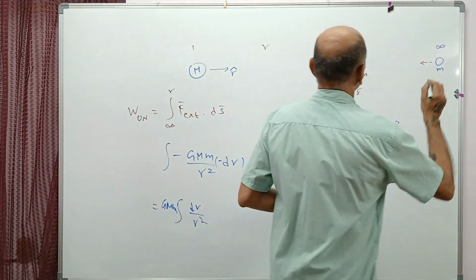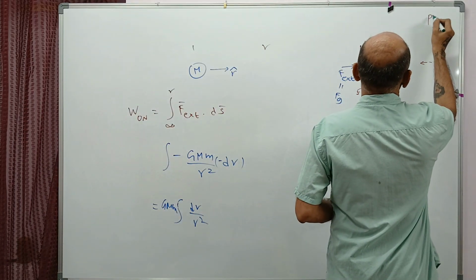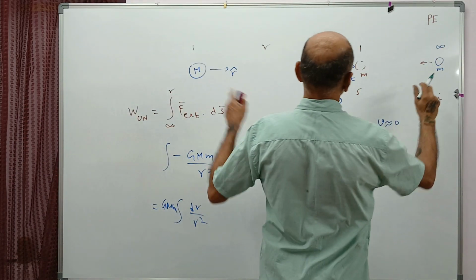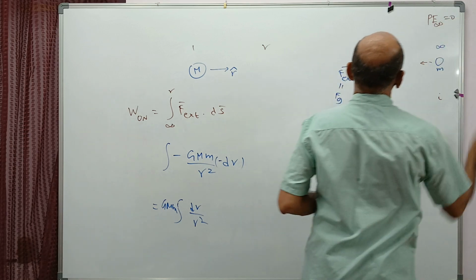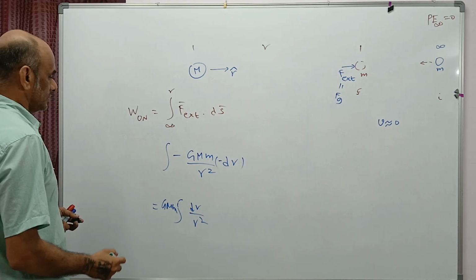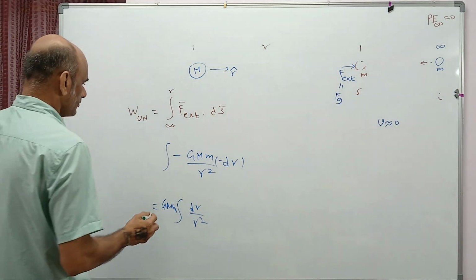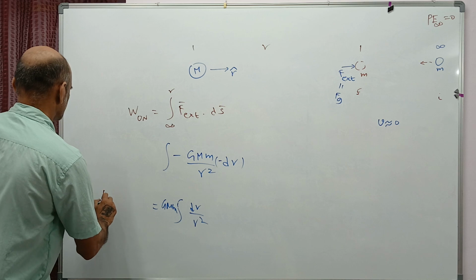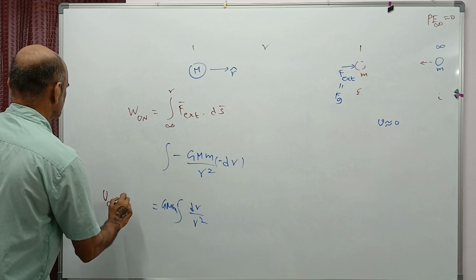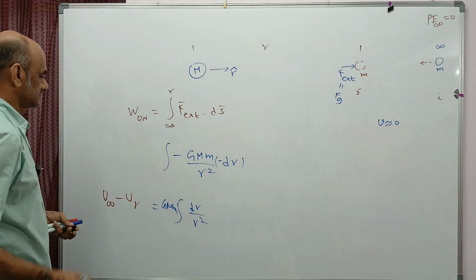and I'll choose a convenient reference that potential energy of this initial system when the mass is at infinity is zero. So the work done on the system is the increase in the potential energy, which is potential energy when it is at infinite distance minus the potential energy when it is at r.